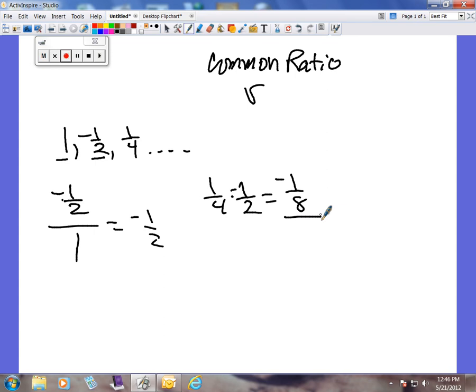And then if we wanted another one, yes, you multiply by negative 1/2 again, and the next term would be positive, wouldn't it? 1/16, right? Does everybody follow what I'm doing? So that's how you can get terms in a geometric sequence with your ratio. You multiply.